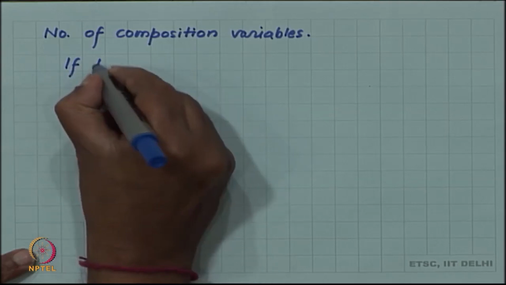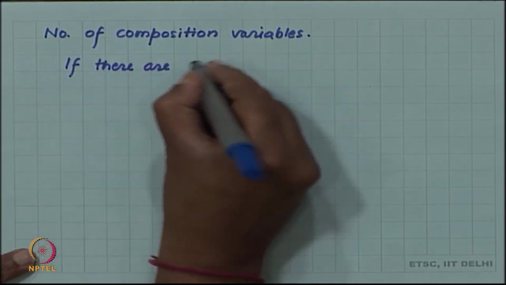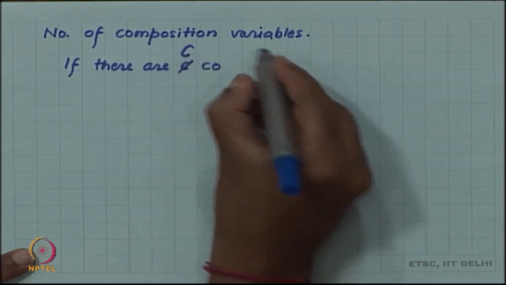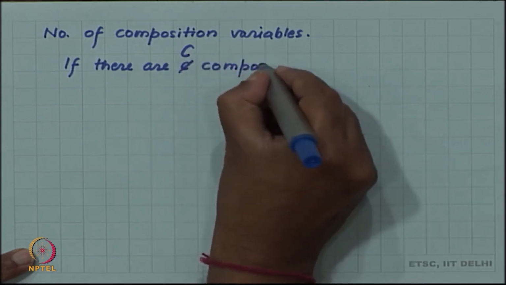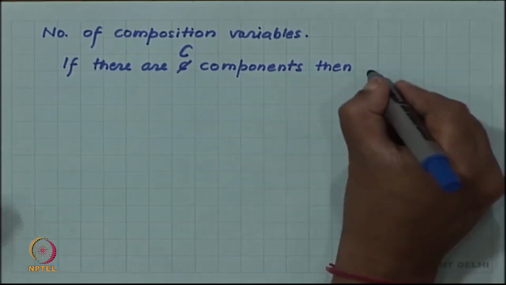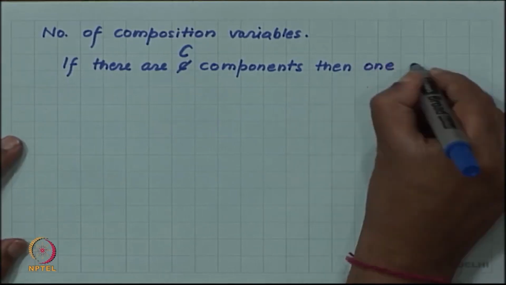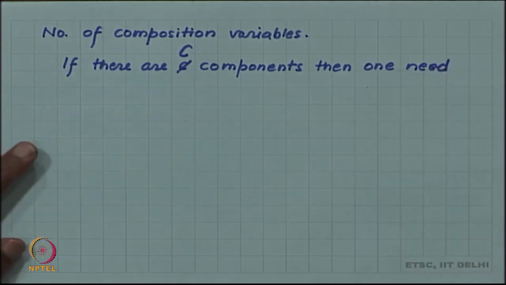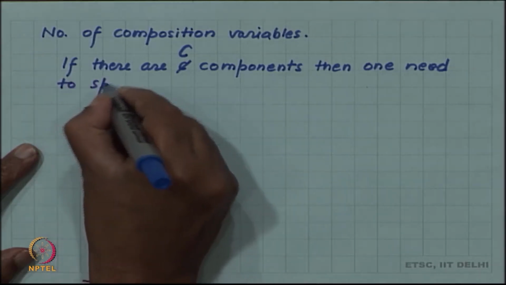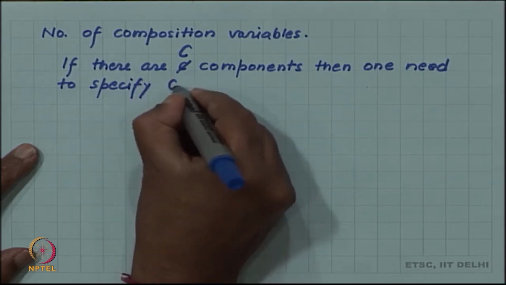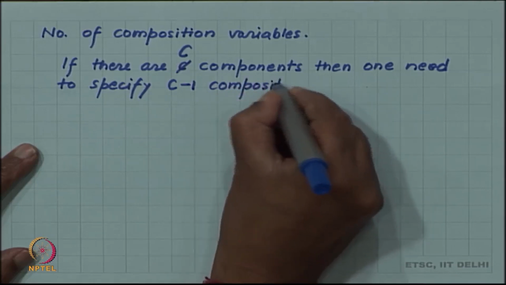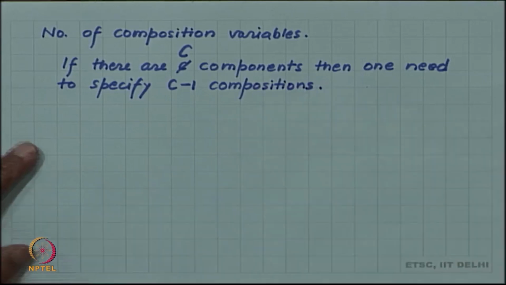If there are C components, let me use capital C. If there are C components, then one needs to specify the composition of the phase, one needs to specify C minus 1 compositions.